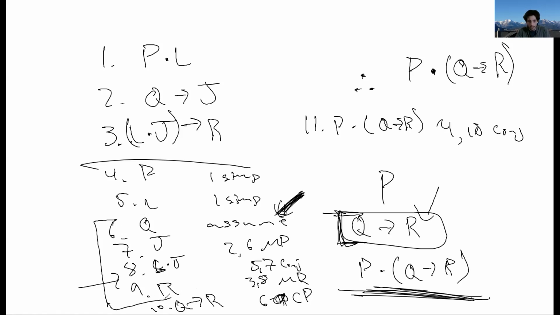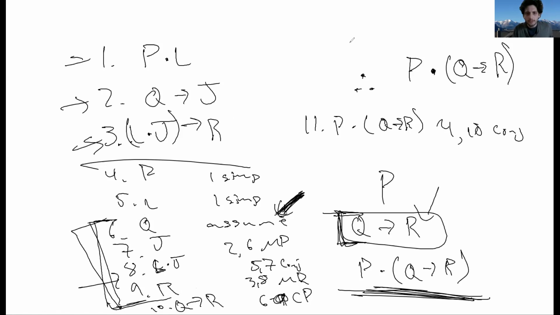I'm only assuming, now I'm back to only assuming that my premises are true. And now the idea is, based on the story, I'm showing you that if you assume Q is true, then you'd get R to be true. I'm not telling you you have to believe Q is true. The point in this subproof is I'm just saying, if you accept that Q is true, then you'd have to accept that R was true, right?